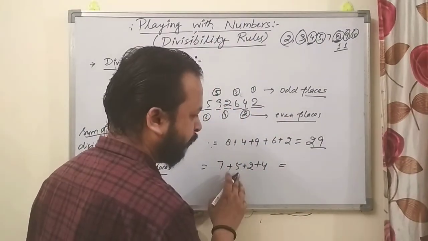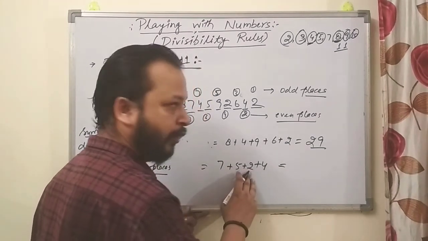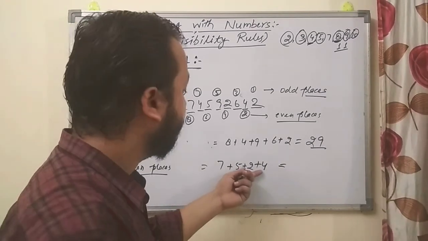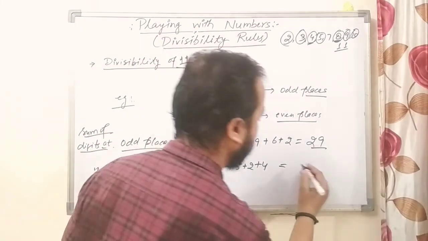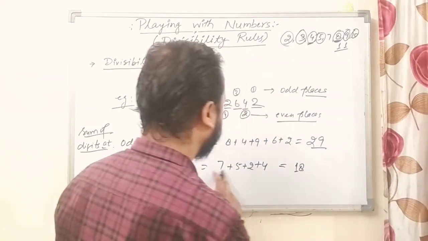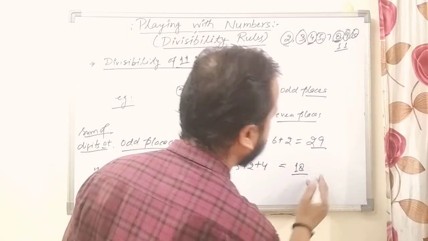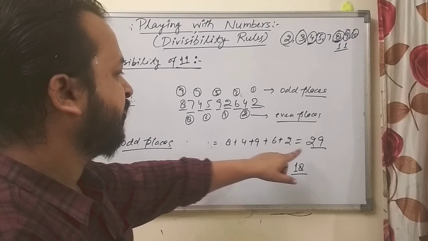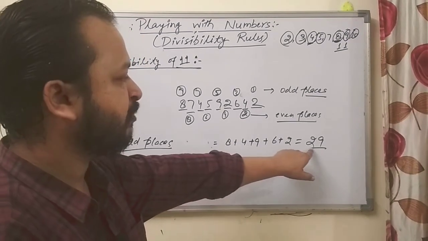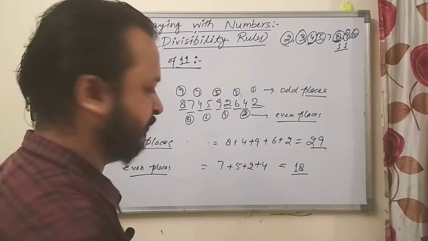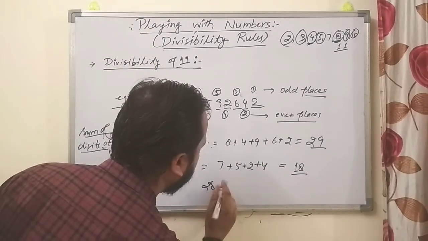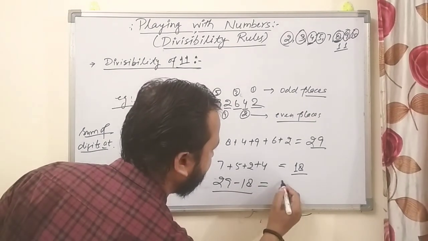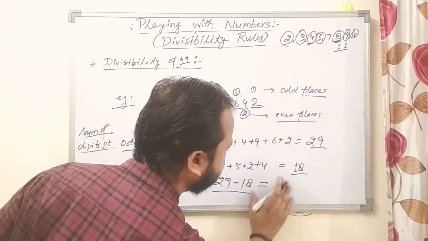And here 7 plus 5 is 12, 12 plus 2 is 14, 14 plus 4 is 18. Right? So the sum of digits at odd places is 29 and at even places is 18. Take the difference: 29 minus 18 equals 11.